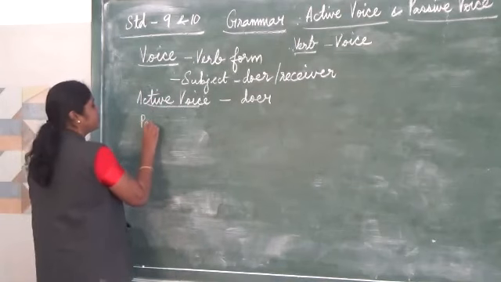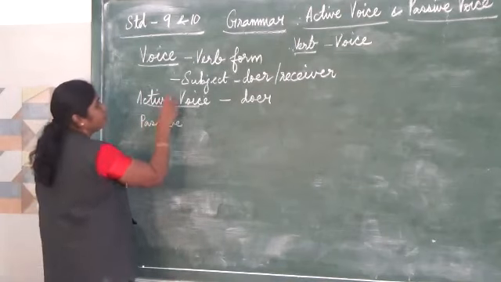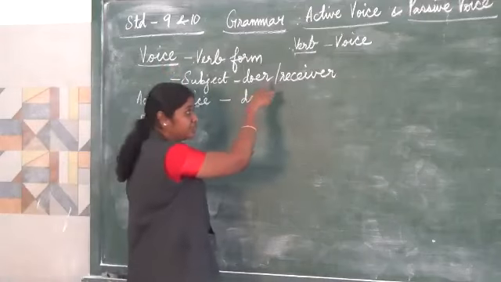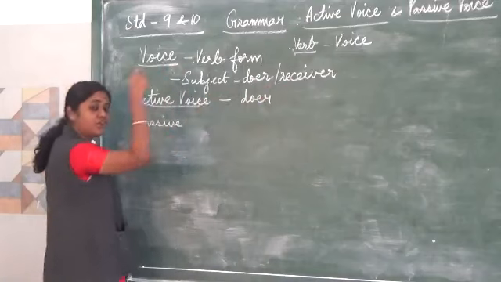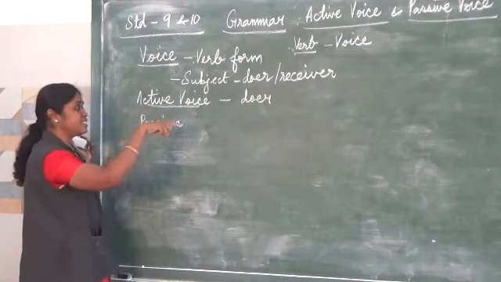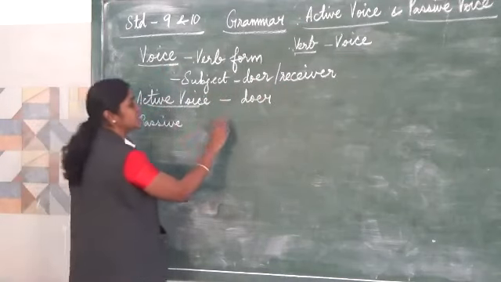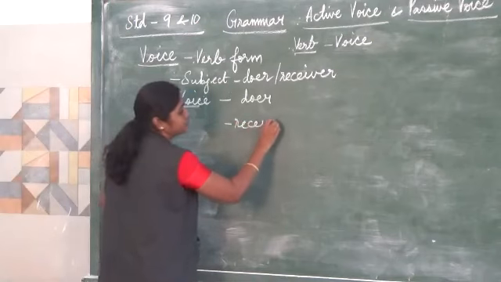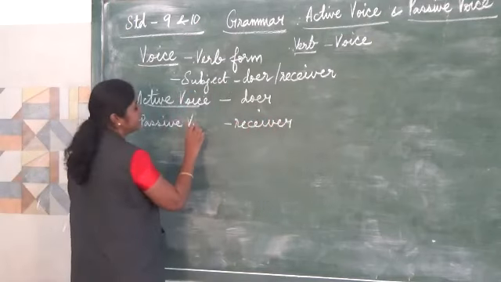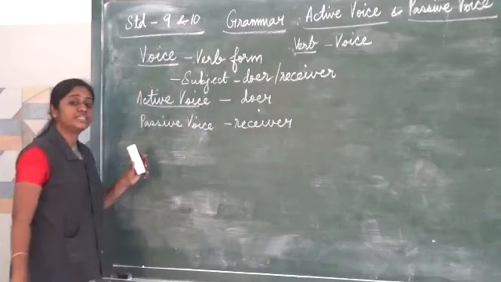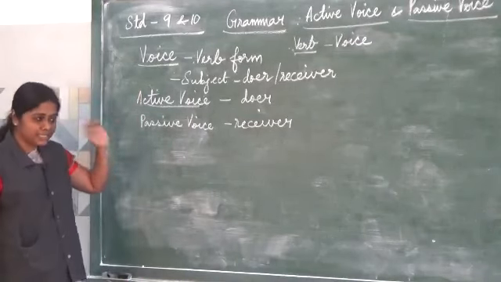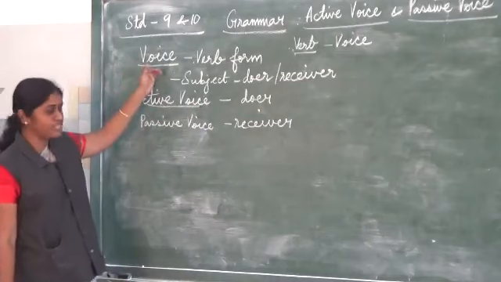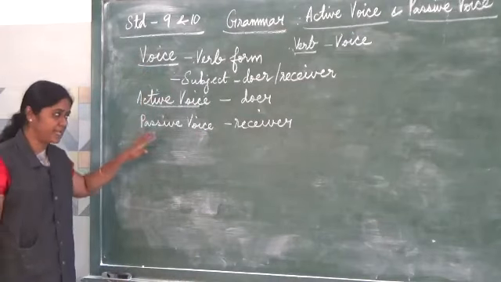Passive voice is definitely the other thing. Voice means only 2 things, whether the subject is doing the action or receiving the action. If the subject is doing the action, we say the sentence is in active voice. If the subject is receiving the action, then we say the sentence is in passive voice. This is the main thing you have to know about voice and the difference between active voice and passive voice.